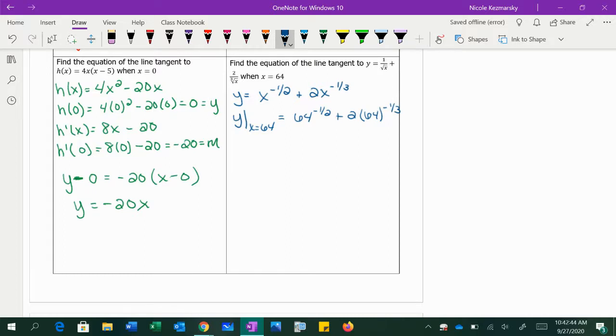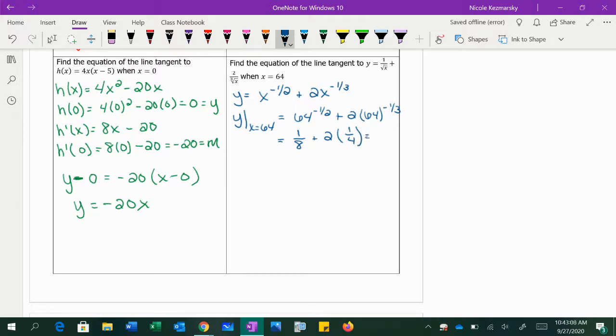All right, so let's think about this. So the square root of 64 is 8. So this is going to be 1/8. And then we've got 2 times the cube root of 64 is 4. So this is going to be 1/4.